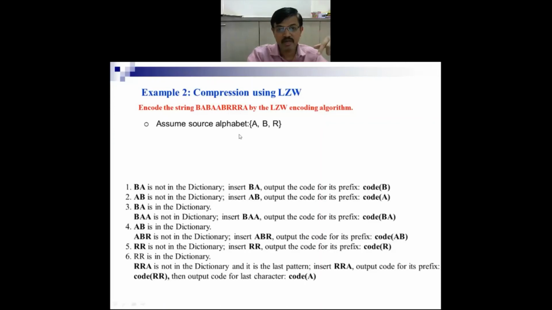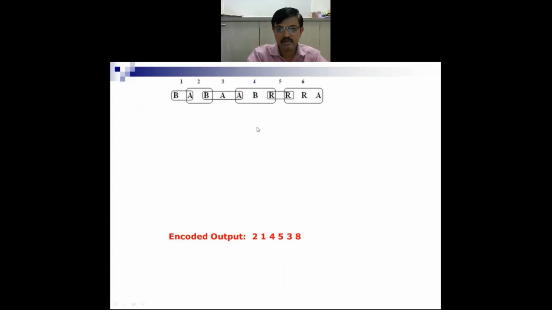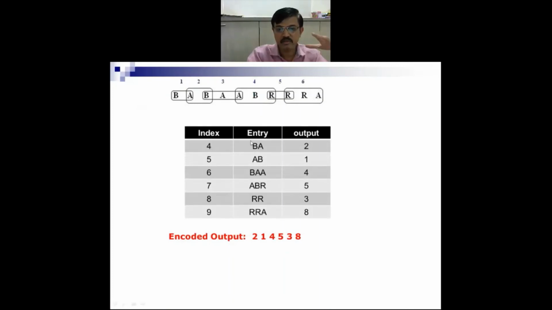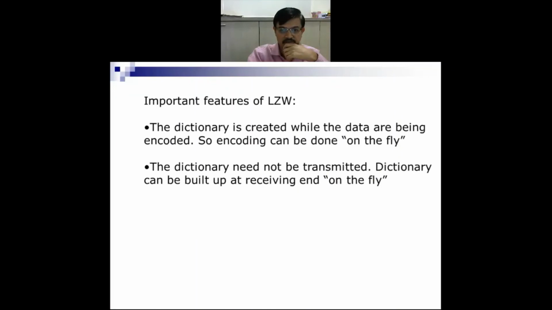My source alphabet contains only three letters, A, B and R. So A, B, R I will store in my dictionary with the indices 1, 2, 3, then I will create comma separated phrases like B is already present, so BA, AB, BAA, then BR, then RR, then RRA, like that. So I could get this particular sequence stored into the memory, and I can create the encoded output. This is another example which you can look at for Lempel-Ziv-Welch.